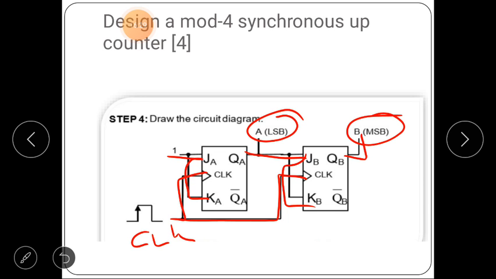Here B is the MSB and A is the LSB. So the outputs are 00, 01, 10 and 11. This is the circuit diagram.